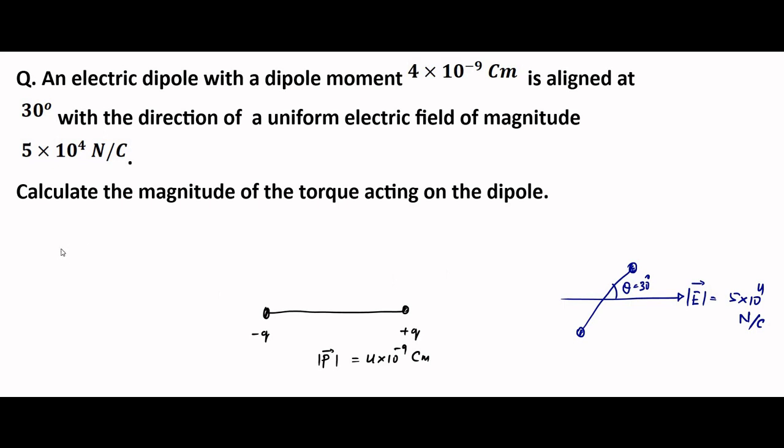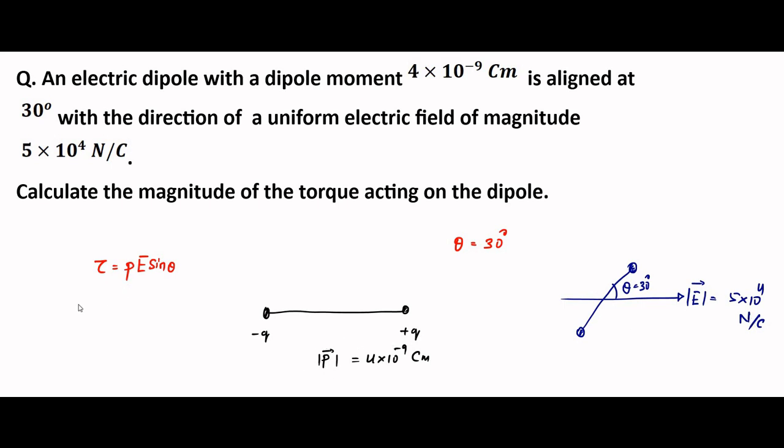Now we know torque acting on a dipole placed in an electric field is given by dipole moment magnitude, electric field intensity magnitude, and sine of the angle which the dipole axis makes with the electric field. So here theta is equal to 30 degree, E is 5 into 10 to the power 4 Newton per coulomb, and dipole moment is already given.